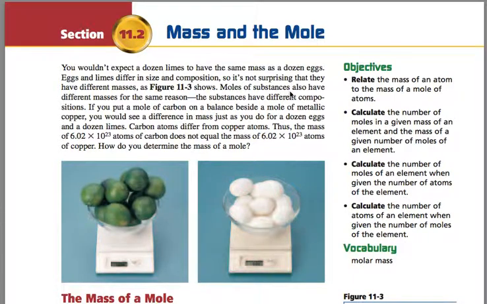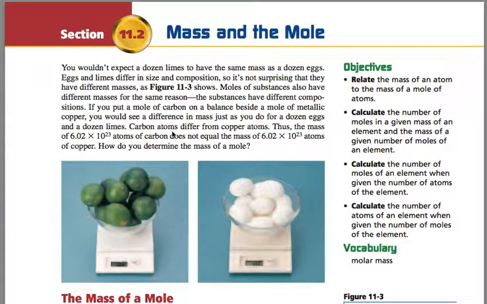Moles of substances also have different masses for the same reason. The substances have different compositions. If you put a mole of carbon on a balance beside a mole of metallic copper, you would see a difference in mass, just as you do for a dozen eggs and a dozen limes.